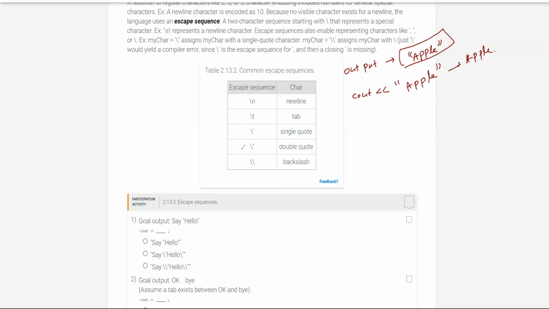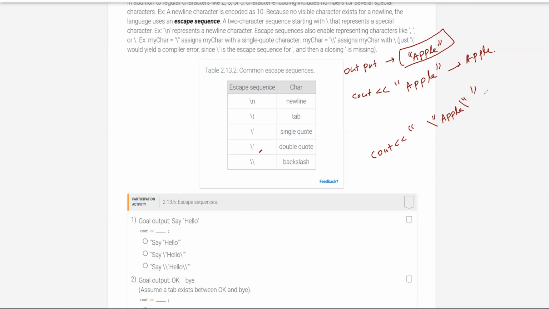So this is what they are talking about right here. If I want to do that, you have to use cout, double quotes, and then put a slash and double quote, apple, and then again a slash and double quote, and then the closing double quotes.